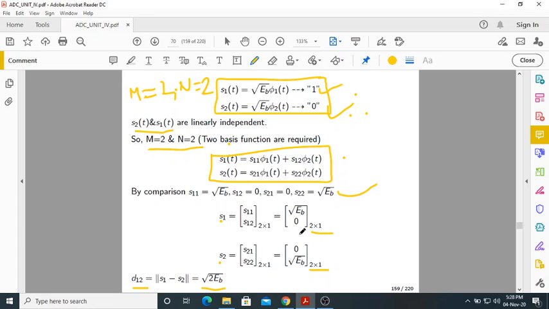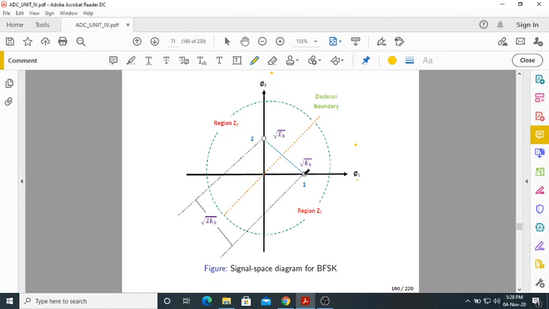Root Eb, 0. Where does it lie? Root Eb, 0 lies on the phi 1 axis. This is the first message point, the first signal vector S1. Root Eb lies on this axis, the phi 1 axis.